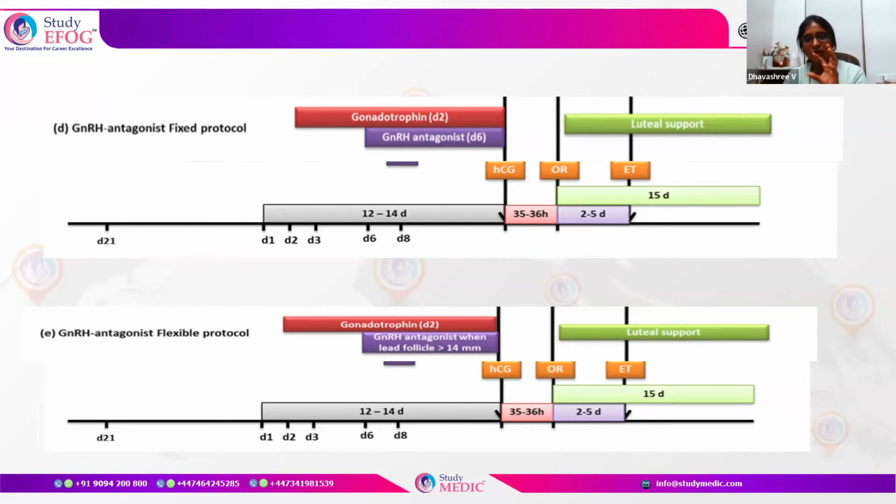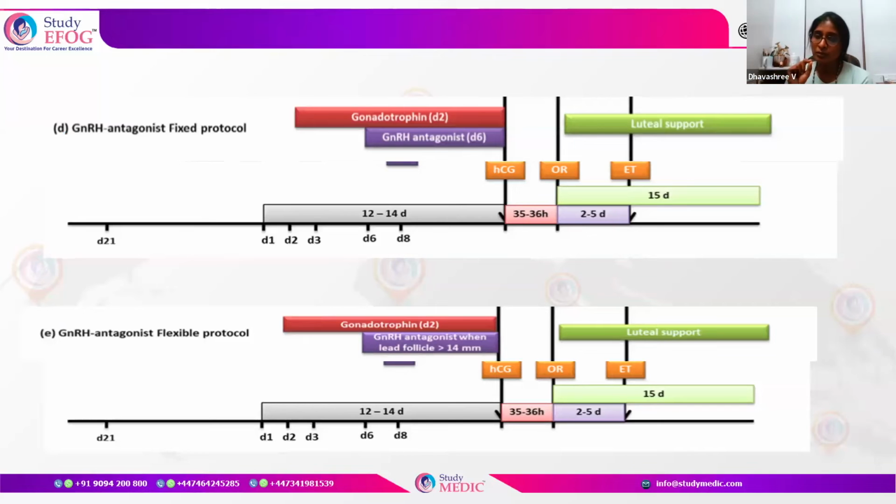Once the follicle has reached around 16 to 18 mm, an HCG trigger can be given to cause an LH surge. But if the woman is a high responder where OHSS is expected, in an antagonist protocol we can give an agonist trigger so that we make OHSS become 0.